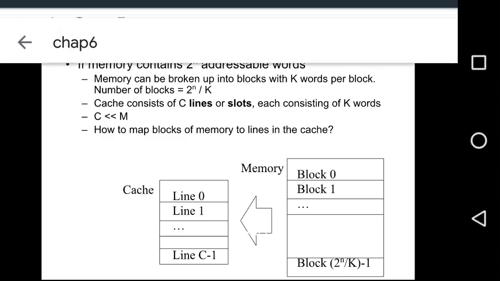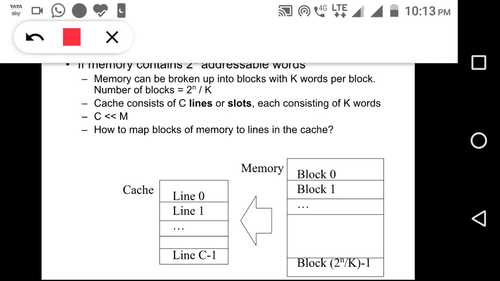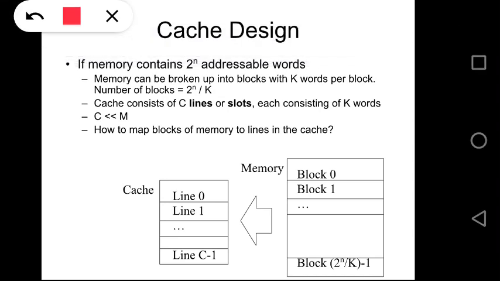Now the cache consists of C lines or slots, each consisting of k words.